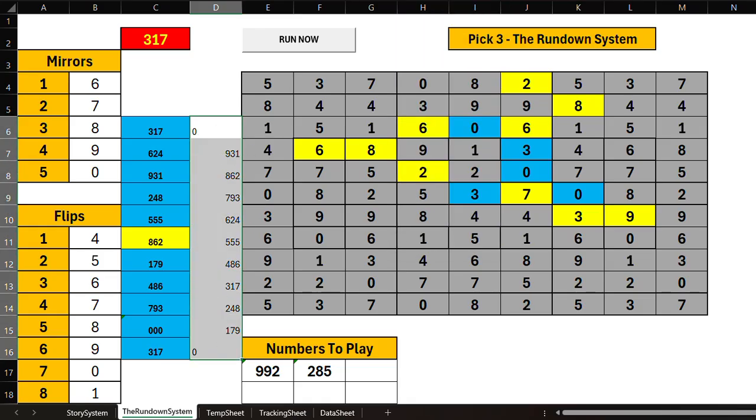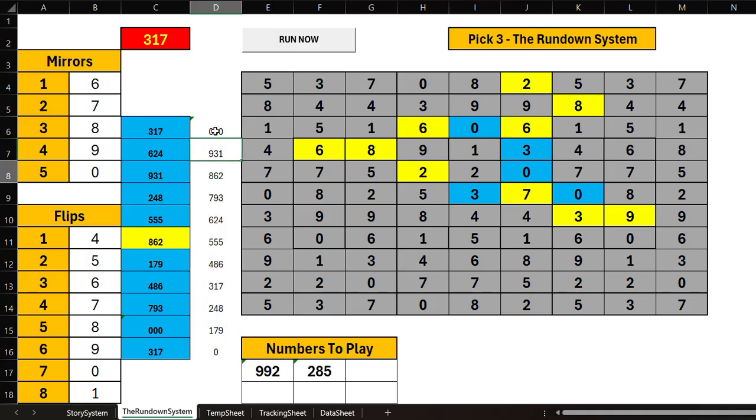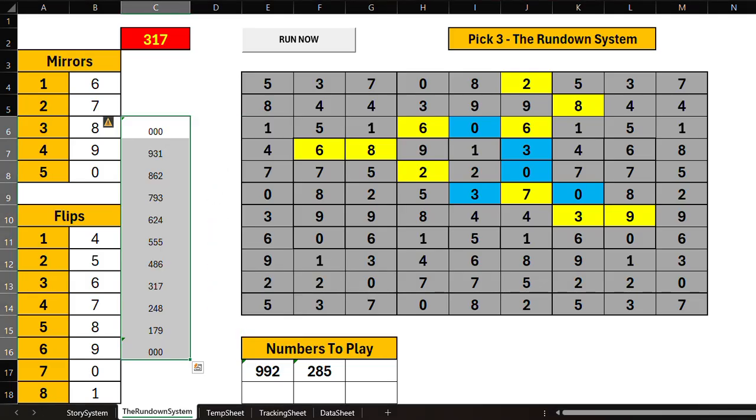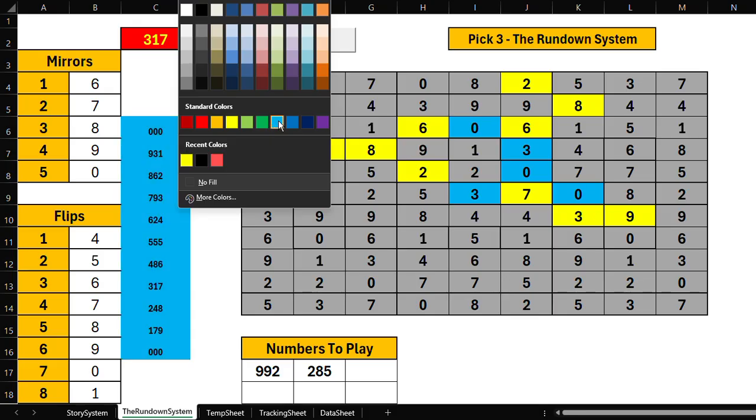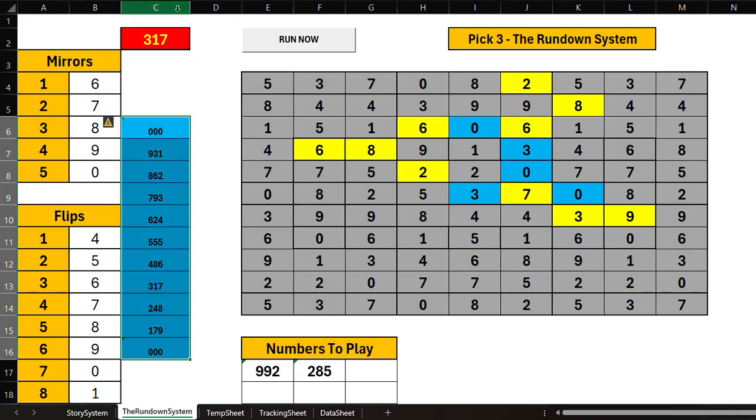So if this number was here, let's just switch this out. I'm going to put it in here. This is how it's supposed to be organized, but it jumps around.